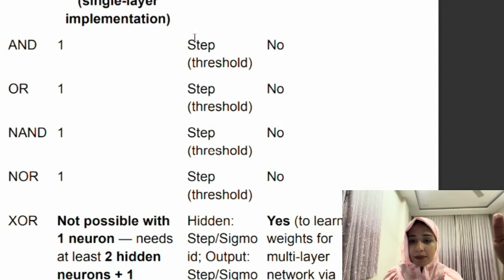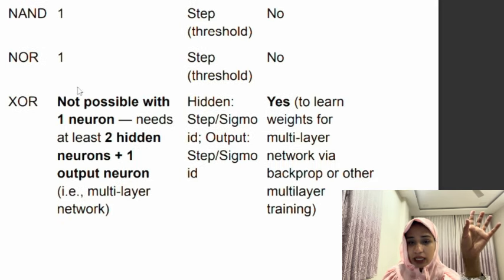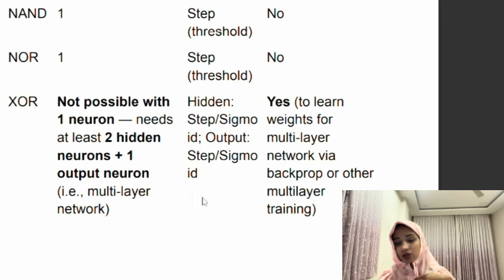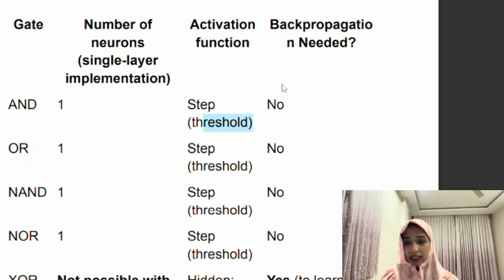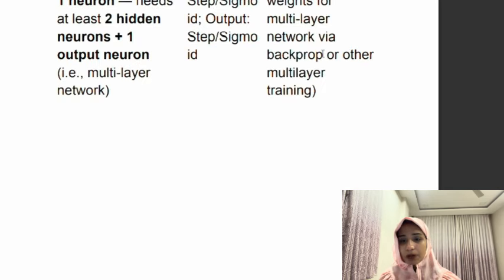Here the activation function is step, step, step. Threshold, and hidden step or sigmoid, output step or sigmoid. Backpropagation is not needed for a single layer, so in single layer we do not need backpropagation for AND, OR, NAND, and NOR. For XOR, yes, we need to learn weights for a multi-layer network via backprop or other multi-layer training. So we need backpropagation.